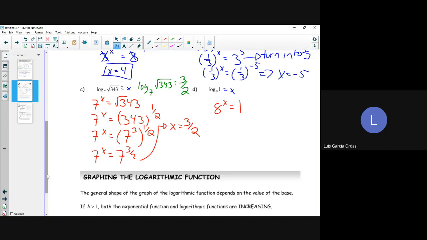And just based off our basic knowledge, what is the only possible number that gives us a value of 1? A to the 0. Which means x is equal to 0. So when we rewrite our log form out, we get log base 8 of 1 is equal to 0.